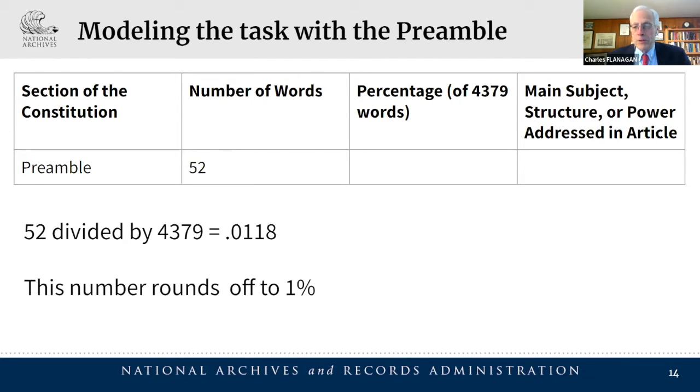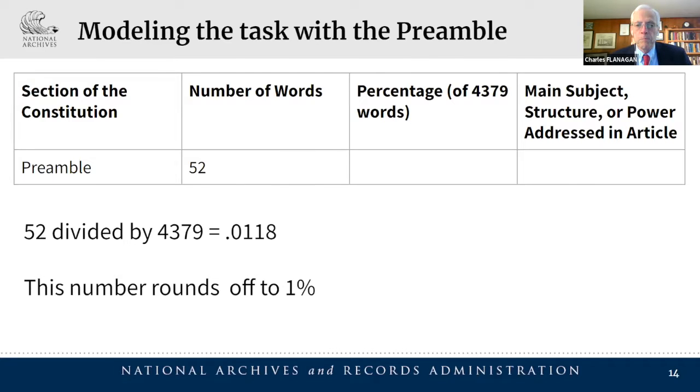Thank God for the cell phone, because you just take out your cell phone and you do the math, and you would get this decimal 0.0118. Well, if you want to change that to a percentage, as you know, you just move the decimal point 2 places to the right. So in other words, the preamble is 1% of the Constitution. And that same math operation would yield you the percentage for the other articles as well.